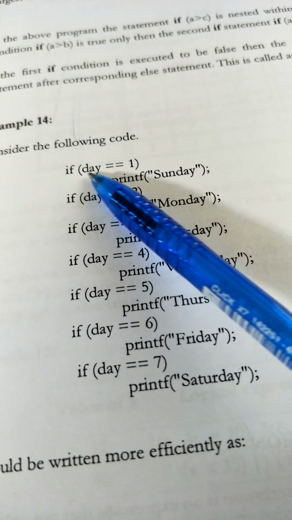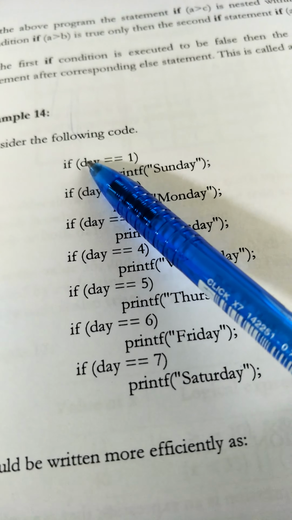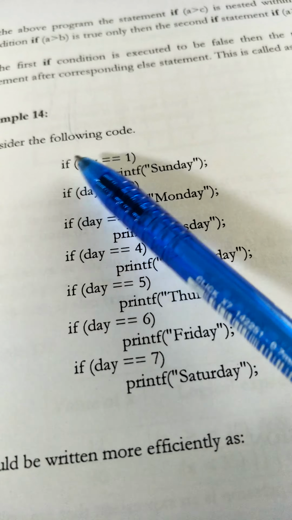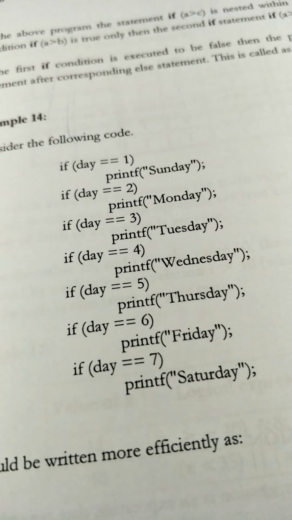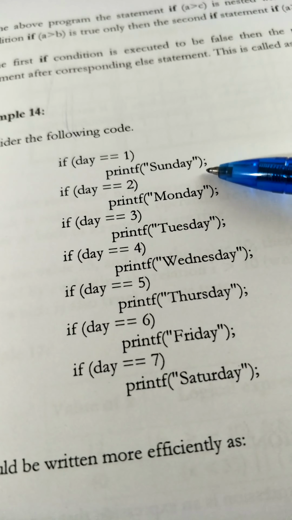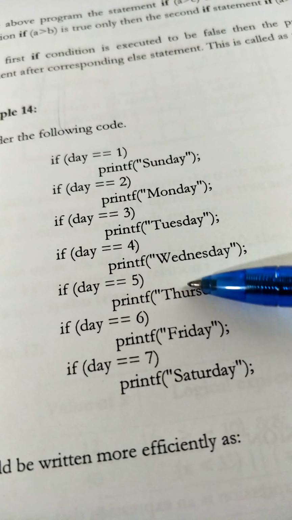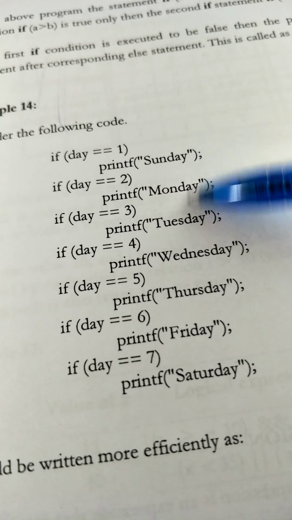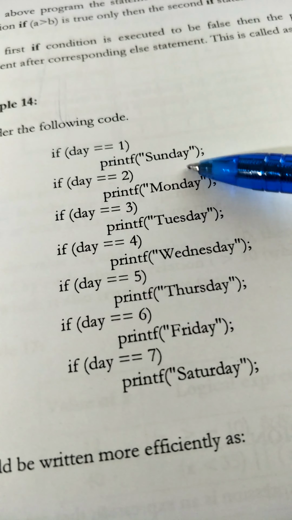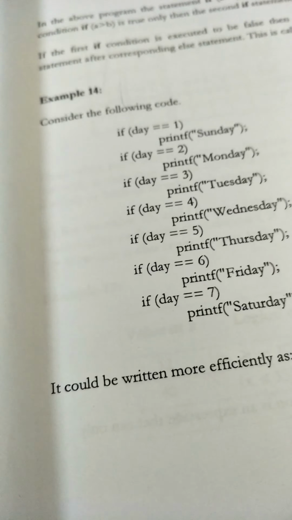In this case, day we declare as a character, and we compare it to the characters 1, 2, 3, and then we obtain all these days from Sunday to Saturday.